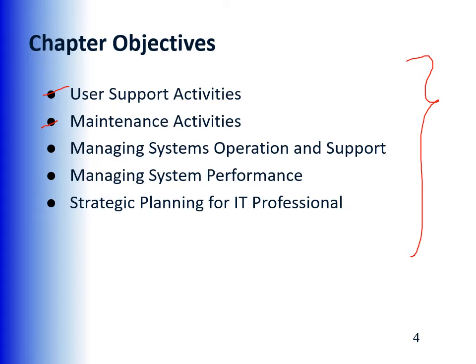Next, we learn how the IT group manages system operation and support, for example the maintenance team, configuration management, and maintenance releases. Then we learn about managing system performance, where we examine the issues and maintenance tools. And the last one, we will learn about some of the challenges and opportunities you are likely to face as an IT professional.